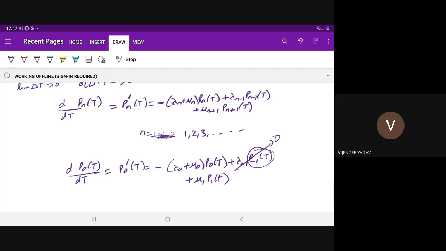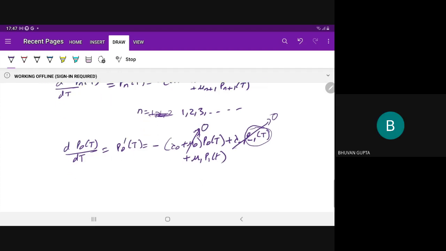When there is no customer, you cannot provide service to anyone. It means what is mu 0? It's 0. So it will become minus lambda naught p naught of t plus mu 1 p1 of t.